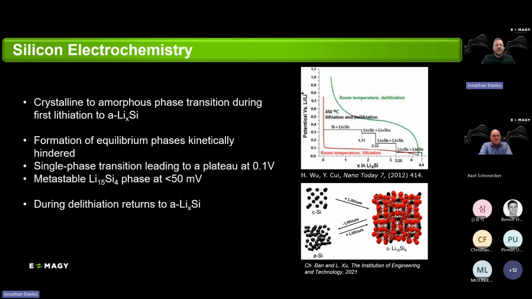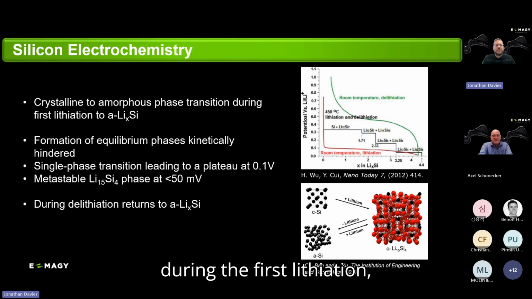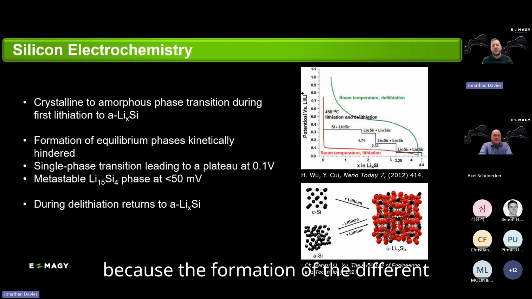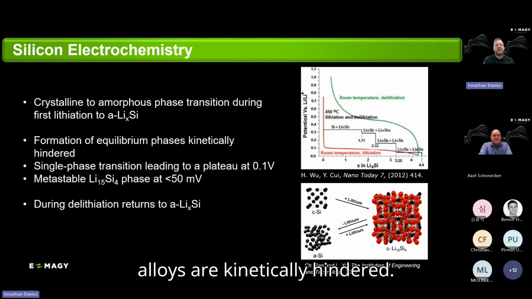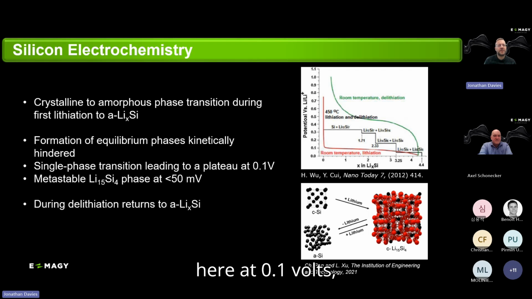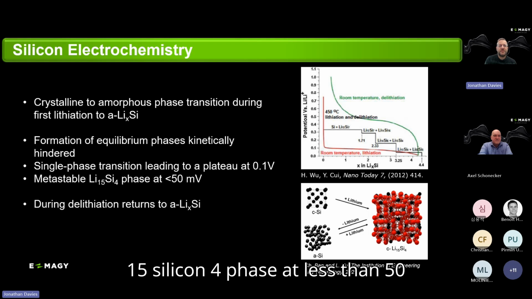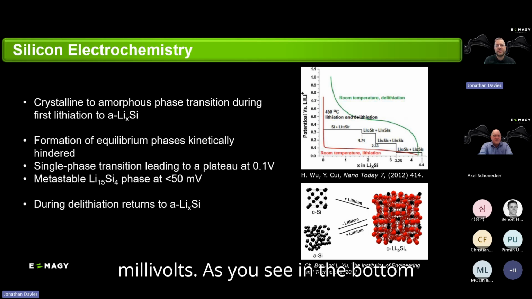In the case of room temperature application, so in a real lithium-ion battery, you will actually go through a crystalline to amorphous phase transition during the first lithiation, because the formation of the different alloys is kinetically hindered. You'll get a single phase transition seen here at 0.1 volts, leading to the metastable Li15Si4 phase at less than 50 millivolts.